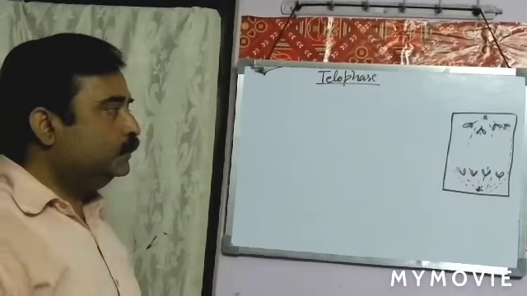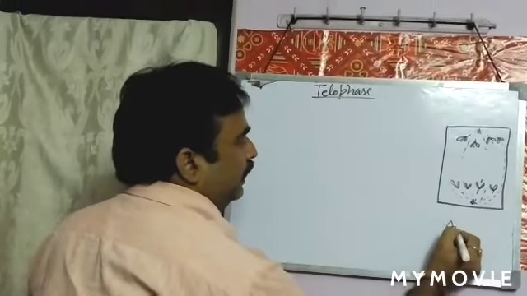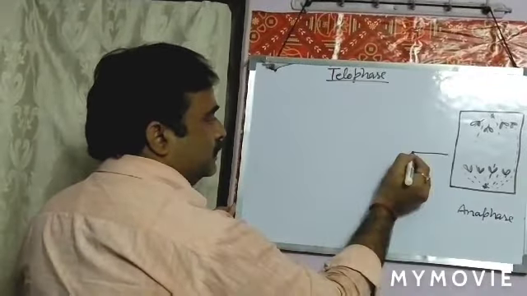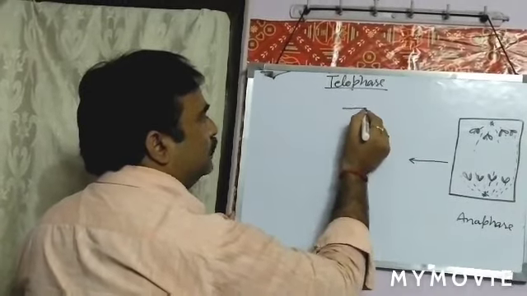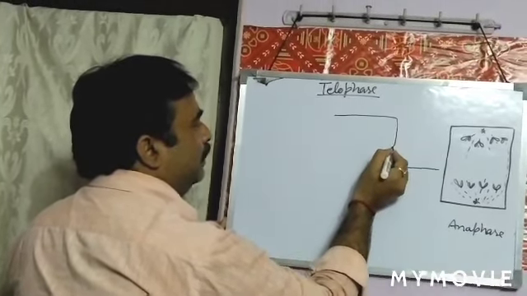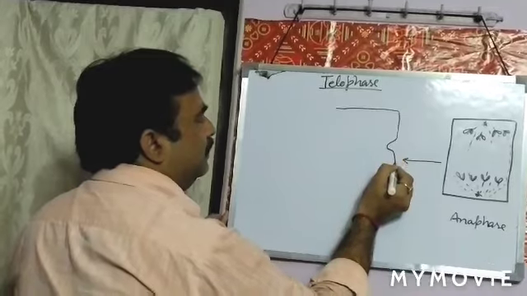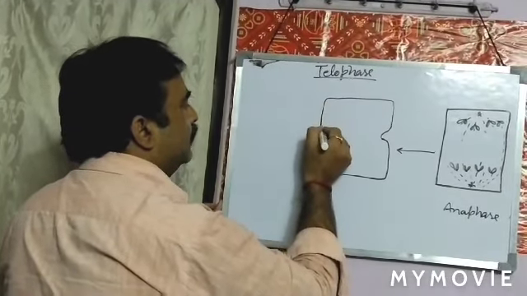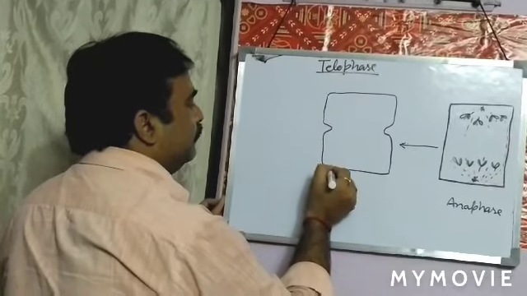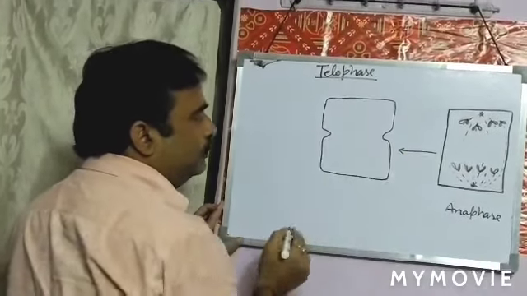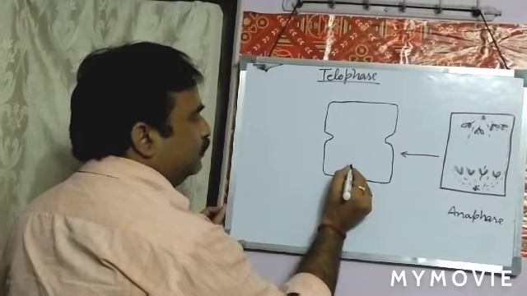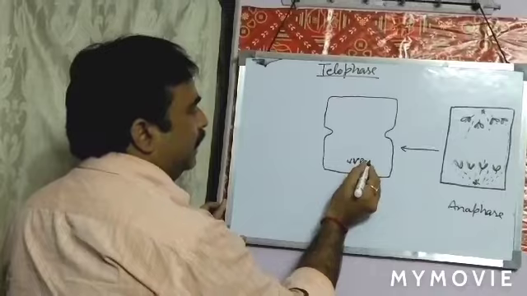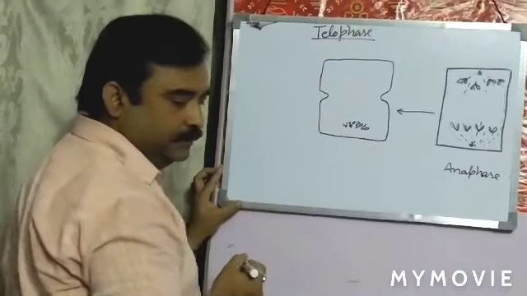Telophase. So after the completion of anaphase, the cell enters into the telophase. What happened in this? A furrow starts developing in the cell membrane, and the chromosomes which reached the opposite poles start condensing and converting into a chromatin network.